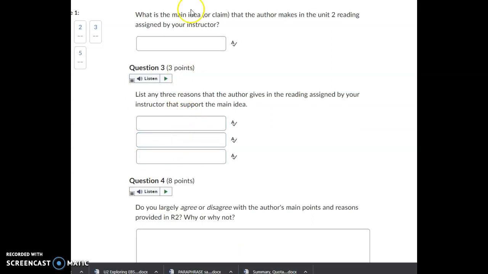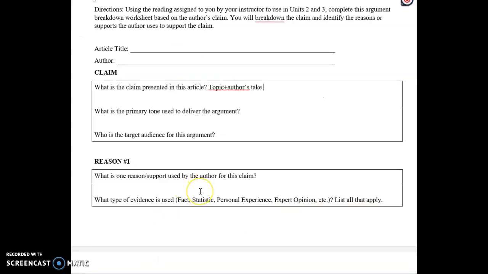So both of these questions can help you in filling out this more formalized breakdown of an argument, as can any feedback that you were given on that quiz. What you're looking for here is to explain what the author's take is on the topic, what their opinion is on this particular subject.